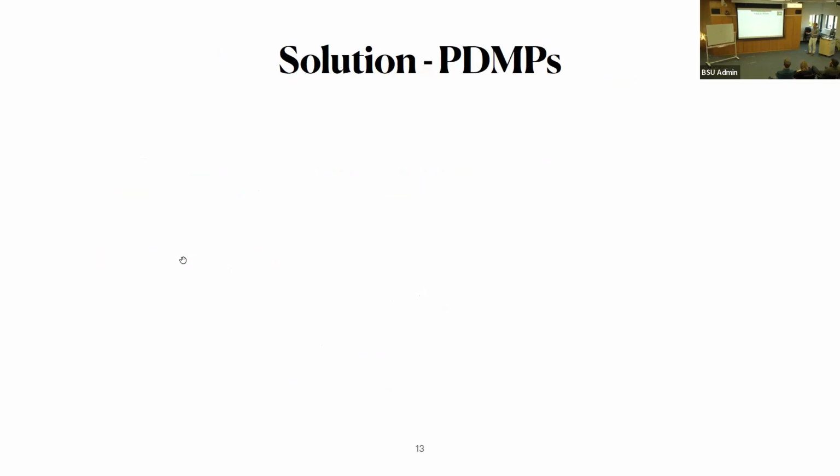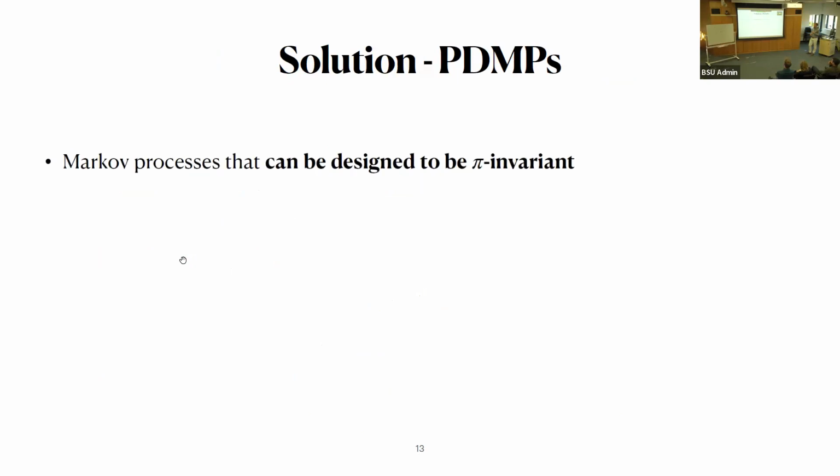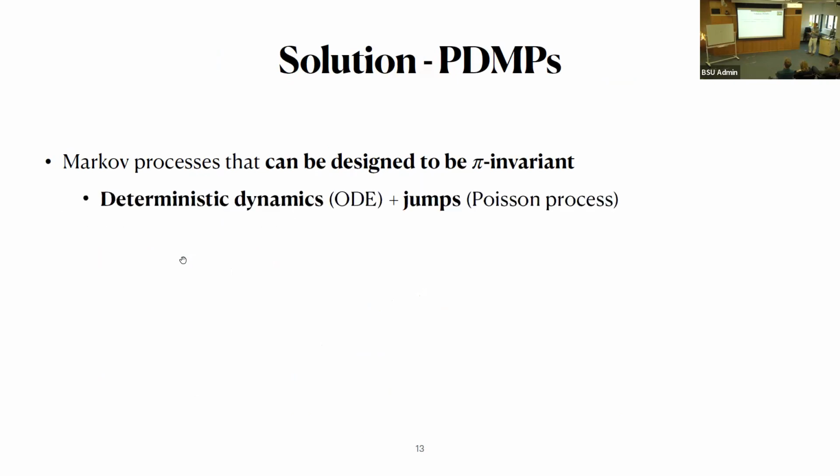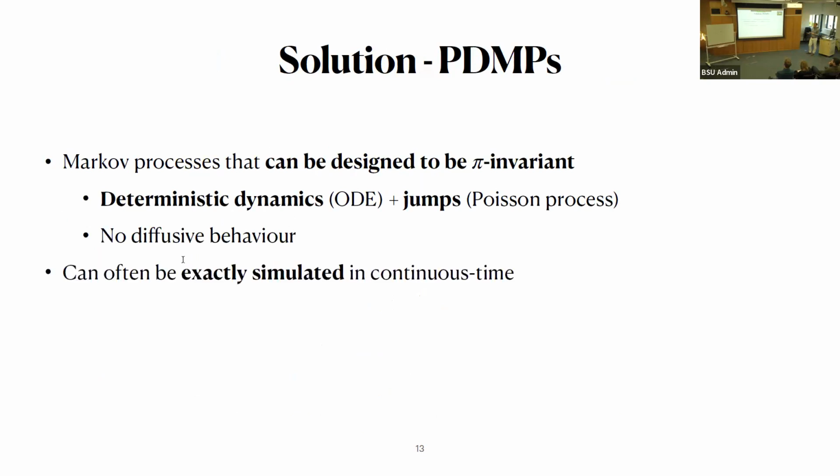There's a different solution which is very popular, very new, which is to use piecewise deterministic Markov processes. These are continuous time, non-reversible Markov processes that can be designed to be pi invariant. It combines deterministic dynamics from ODEs with Poisson process jumps. There's no diffusive behavior, which crucially means that often you can simulate these things exactly in continuous time. The diffusive behavior is what makes it quite hard to do this usually.